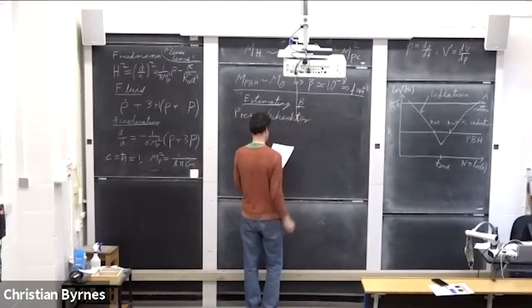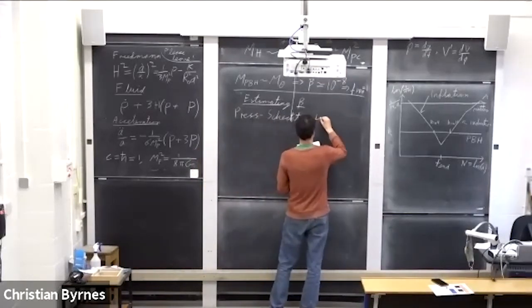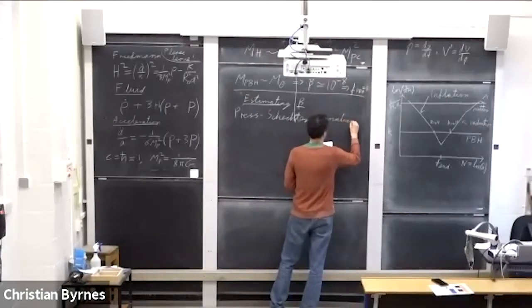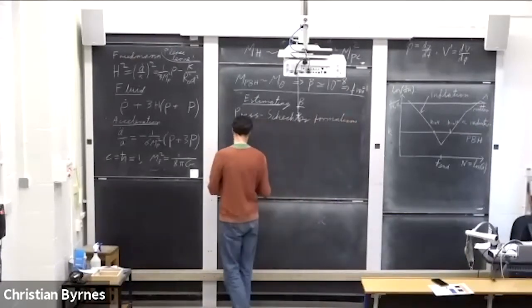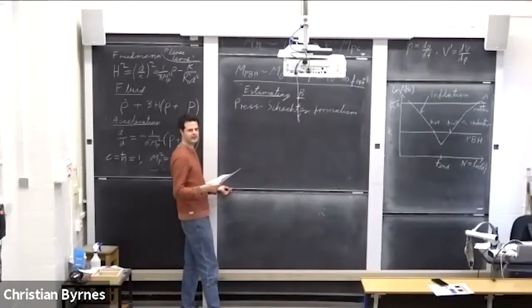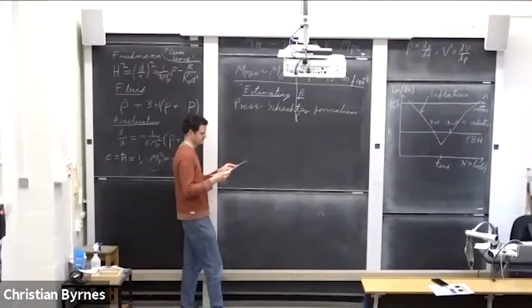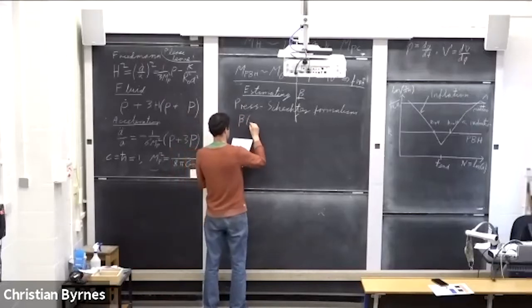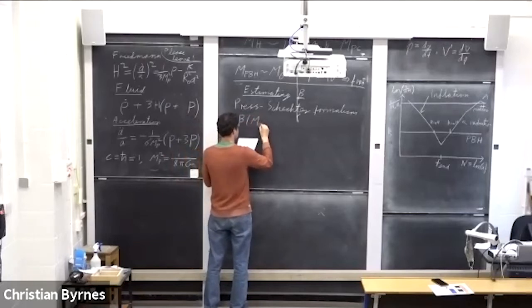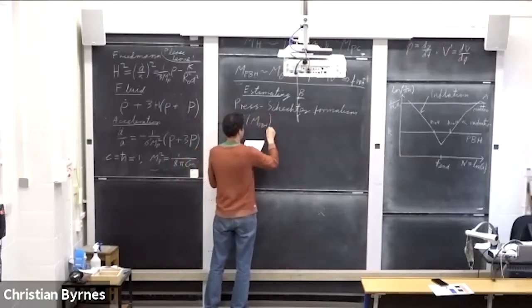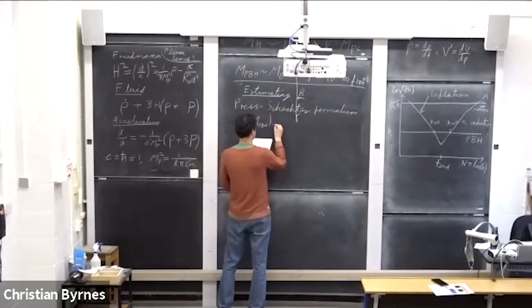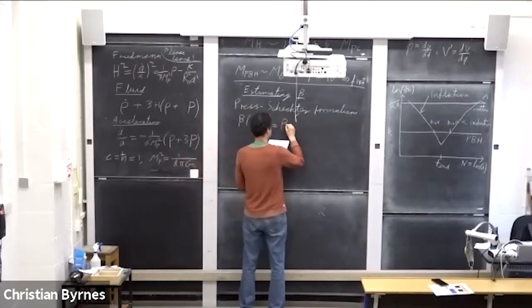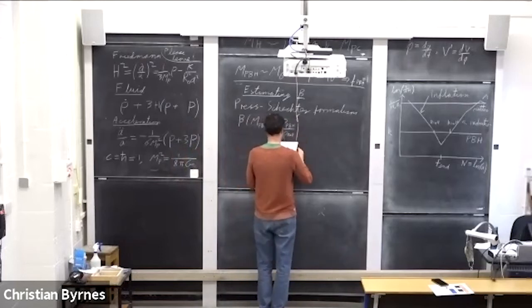The Press-Schechter formalism is used to estimate the collapse fraction of the universe into primordial black holes. According to this formalism, beta, which is a function of the mass, and remember this was the density in primordial black holes divided by the total density at formation.